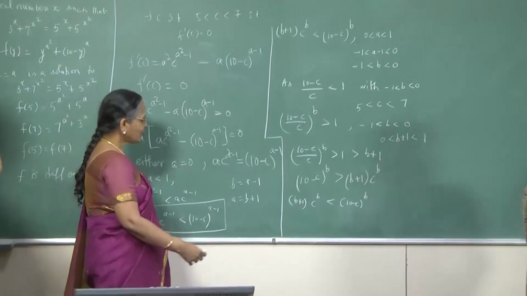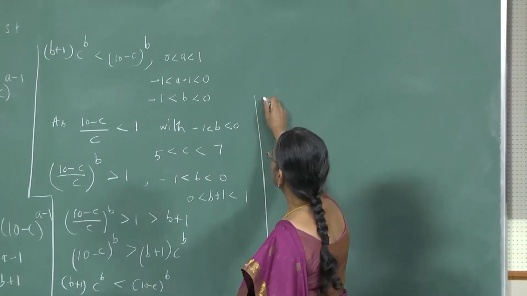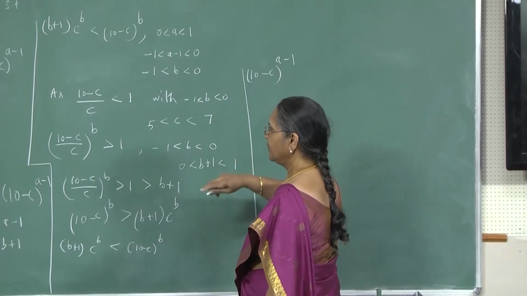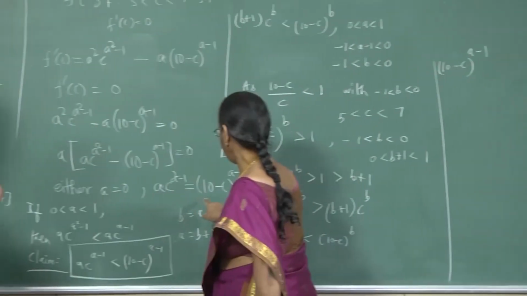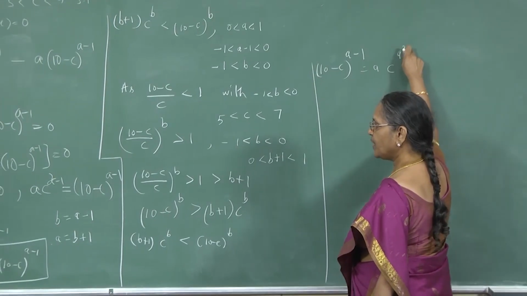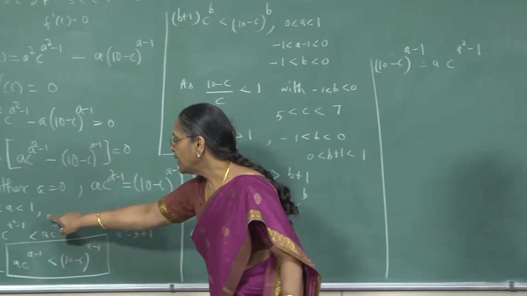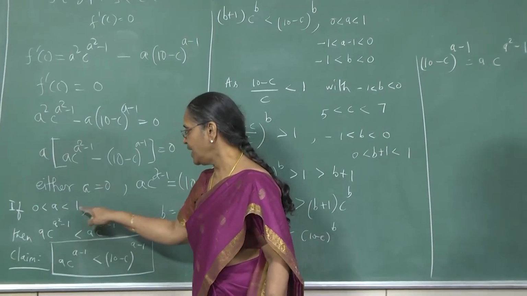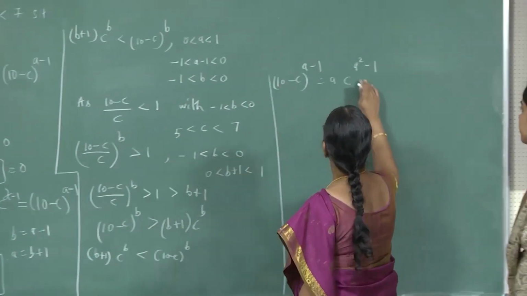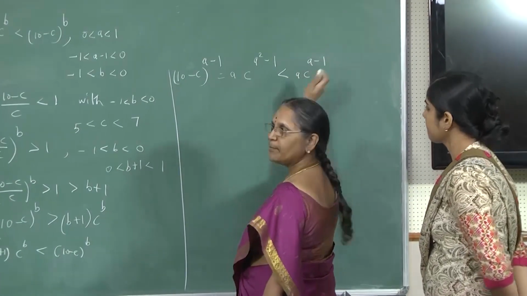So now I consider putting all these things together. I start with 10 minus c power a minus 1, which we showed is equal to a c power a squared minus 1. If 0 is less than a less than 1, then a c to the power of a squared minus 1 is less than a c to the power of a minus 1.